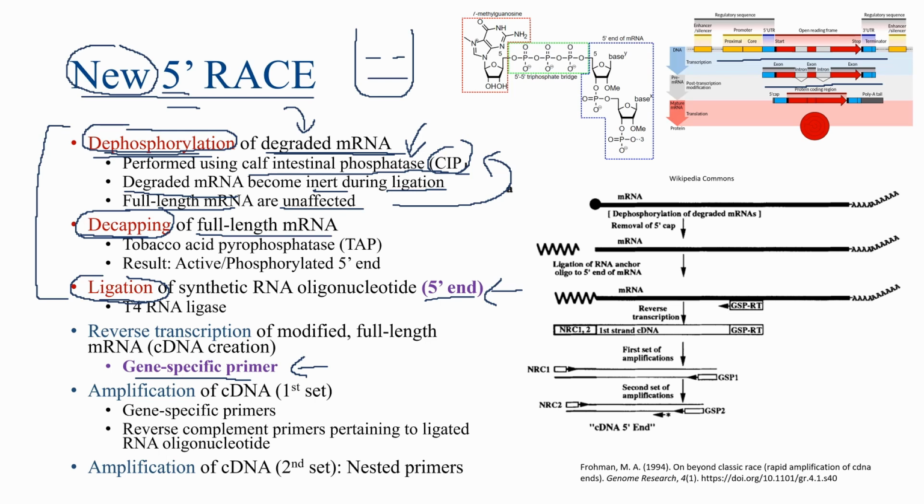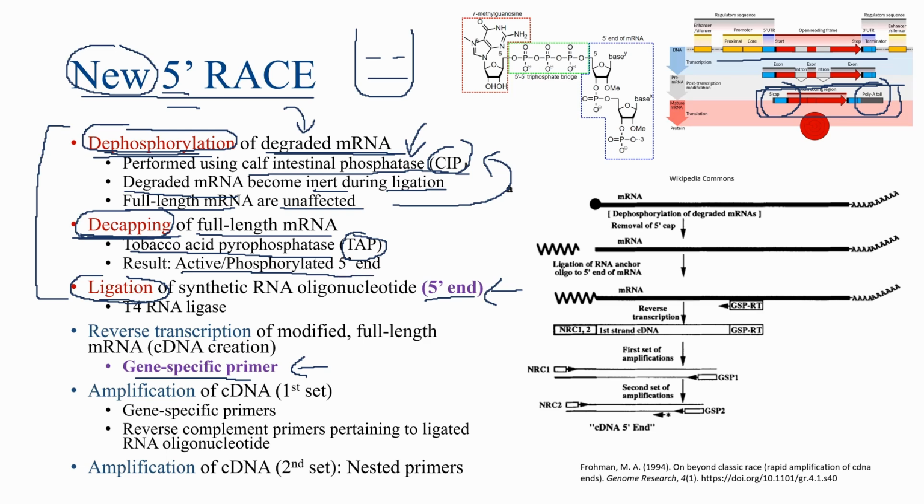Here you can see the 5' cap in blue and the polyadenylation signal at the 3' end of the mature RNA. In decapping, you will utilize tobacco acid pyrophosphatase, or TAP, to catalyze that reaction of removing the 5' 7-methylguanosine cap. The result is that you'll have an active or phosphorylated 5' end.